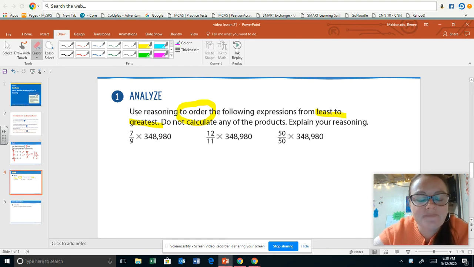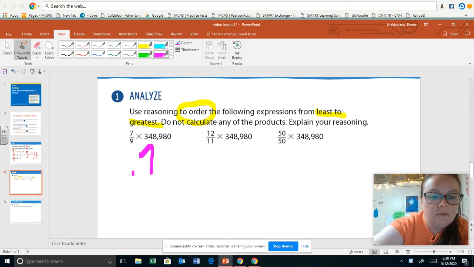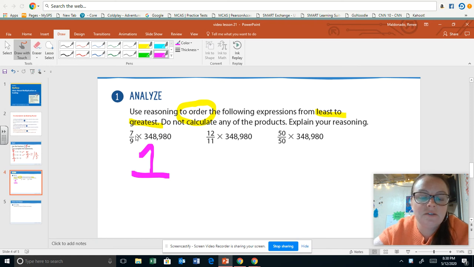I'm just going to number them. So I know the least is the smallest. I know that the smallest one here would be this expression, because 7/9 is less than a whole. And because it's less than a whole, according to my rules, my second factor here would shrink.